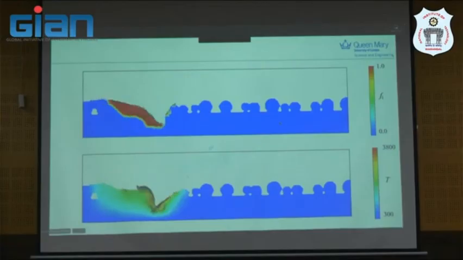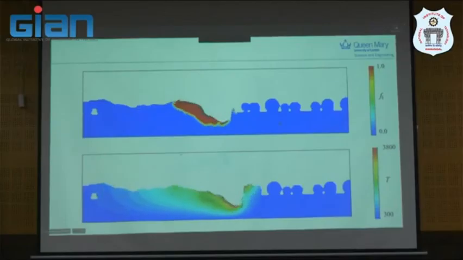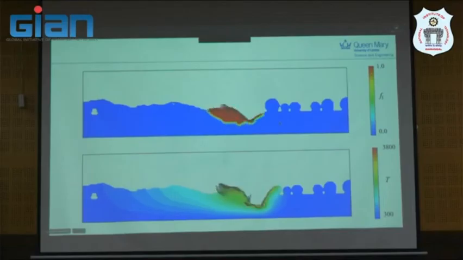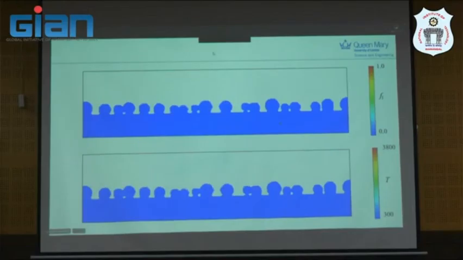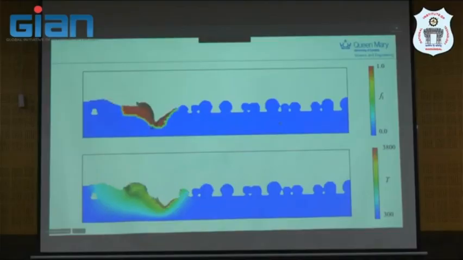As the laser spot moved, the liquid metal gradually cooled and solidified to form a solidified track, like this area. Also I will show the simulation result by the ANSYS FLUENT software.